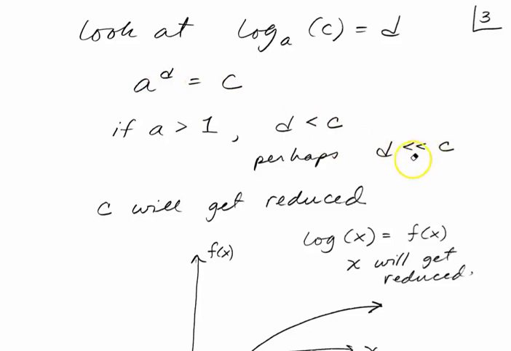Perhaps it's going to be a lot less. We're taking a base which is greater than 1 and we've got to raise it to a power to get to C. And if that base is just a little bit above 1, that starts to really get this number big quickly.